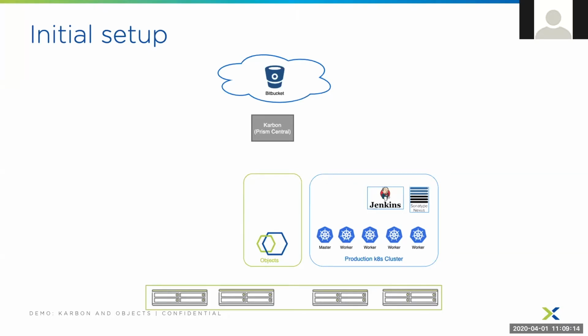On top of that, we already have our object storage deployed, and we have one production Kubernetes cluster deployed. The Jenkins that will be used to run the pipeline and the Nexus are also running in containers on top of the production Kubernetes Karbon cluster. So this is the first initial phase of the demo environment.